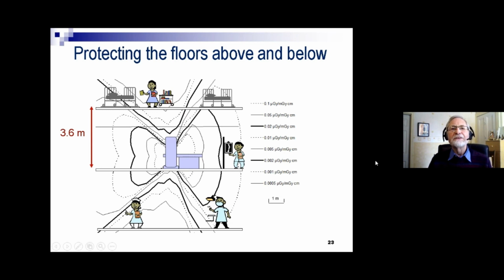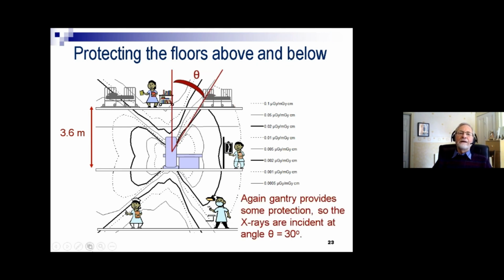So what about the floors above and below? Again, we can take the gantry into account. So again, we can look at angles of 30 degrees. So we consider X-rays that are incident at an angle of 30 degrees.